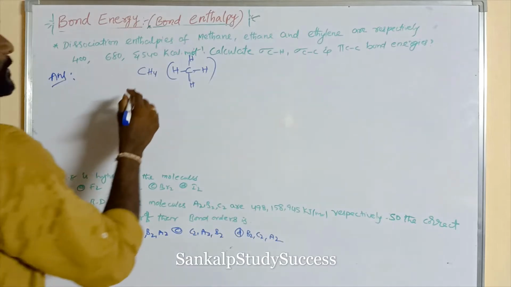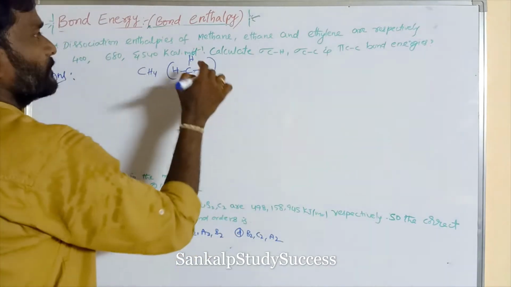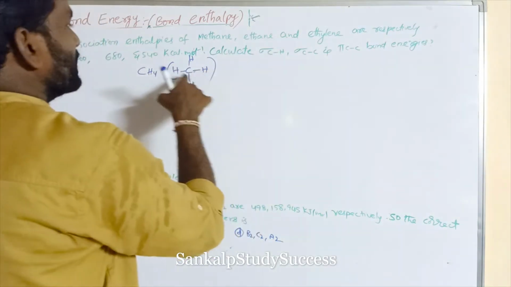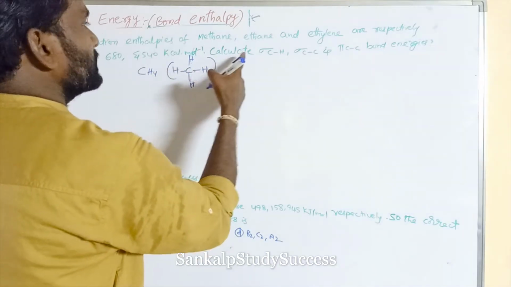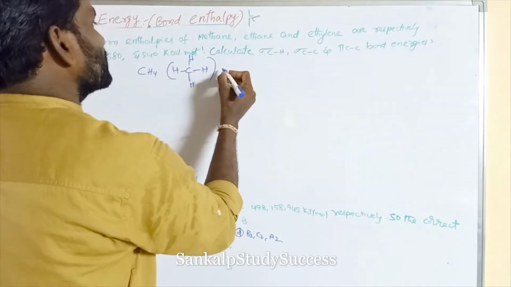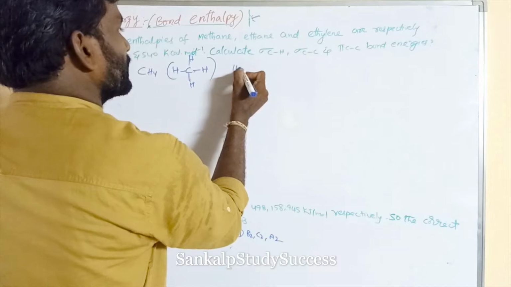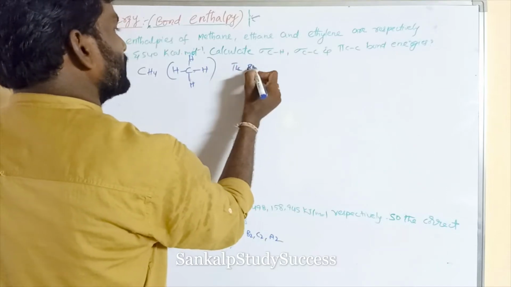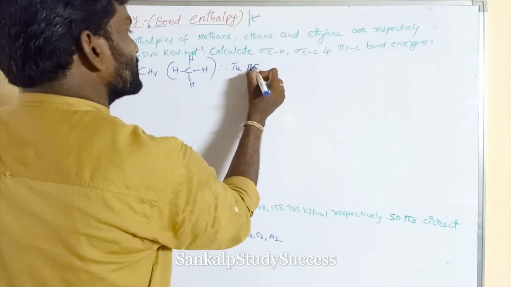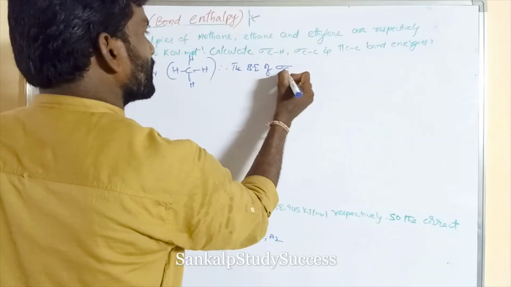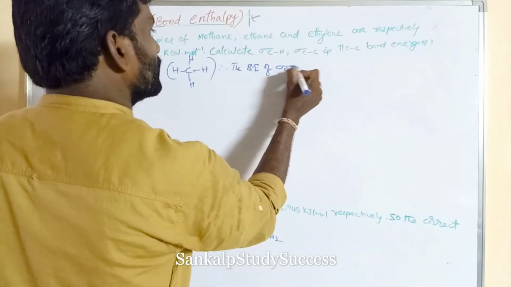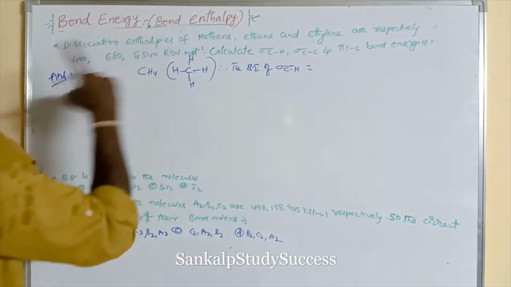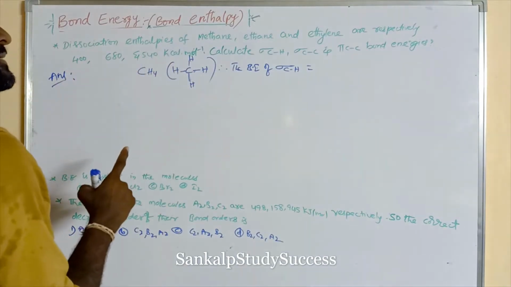In CH4, how many sigma C-H bonds are there? 4 sigma C-H bonds.